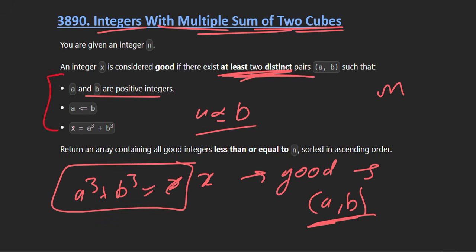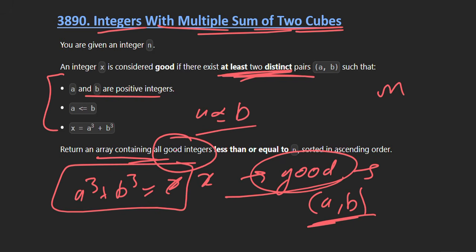If these conditions hold, then that number is said to be good. We have to return an array containing all the good integers which are less than or equal to n, and the array should be sorted in ascending order.